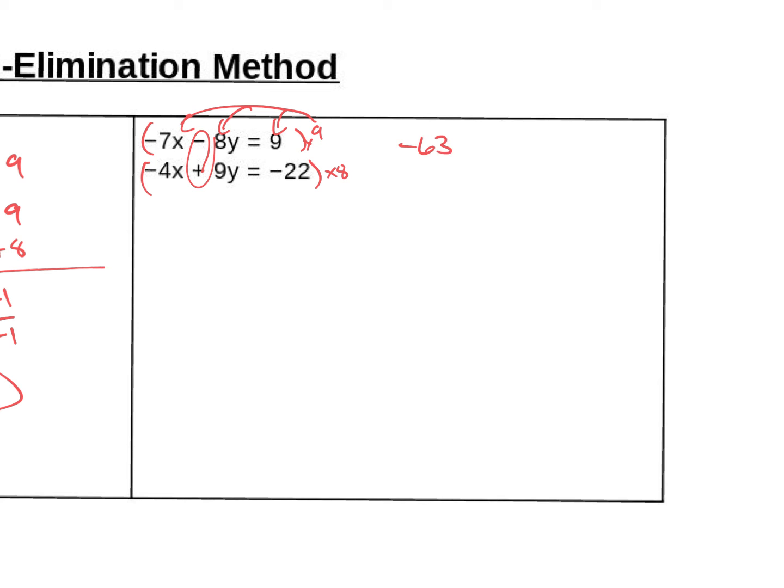We got -63x minus 72y equals 81. And then we got this guy. So we're going to get -32x plus 72y equals.